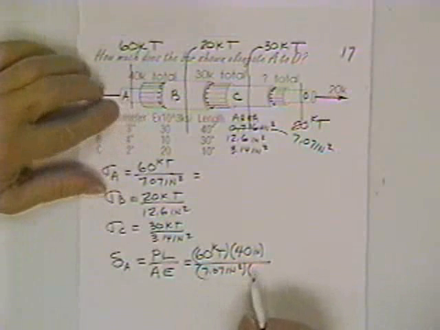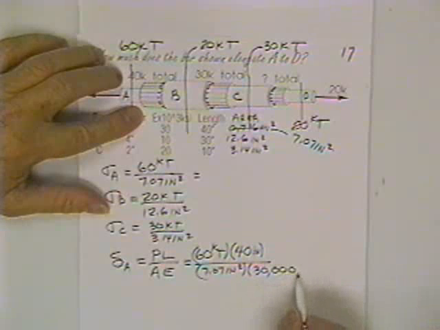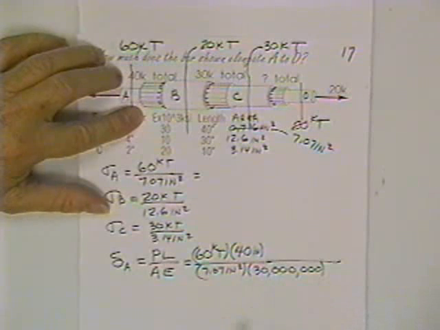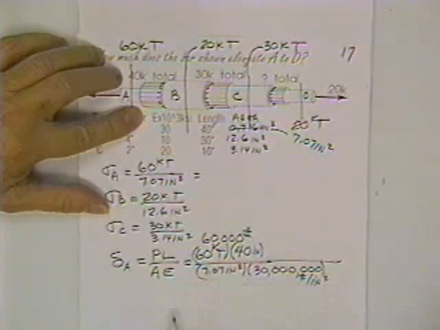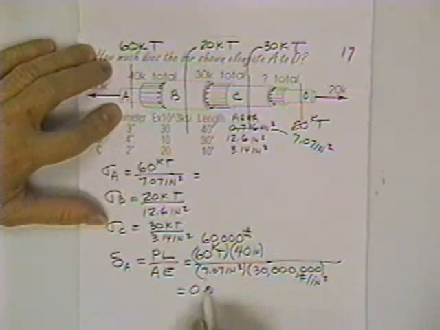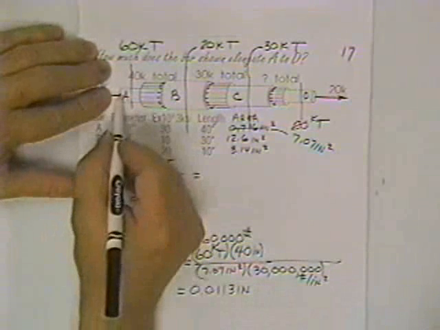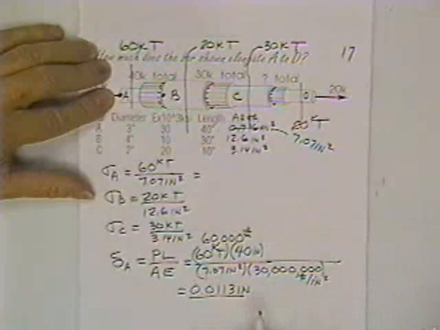And E, that's steel. He says it's 30,000 KSI. That's 30 million pounds per square inch. And this is 60K. I probably should have just left it K. That would be 60,000 pounds of load. And so this little piece of bar right here is going to stretch 0.113 inches. In other words, point A and point B separated by this quantity.